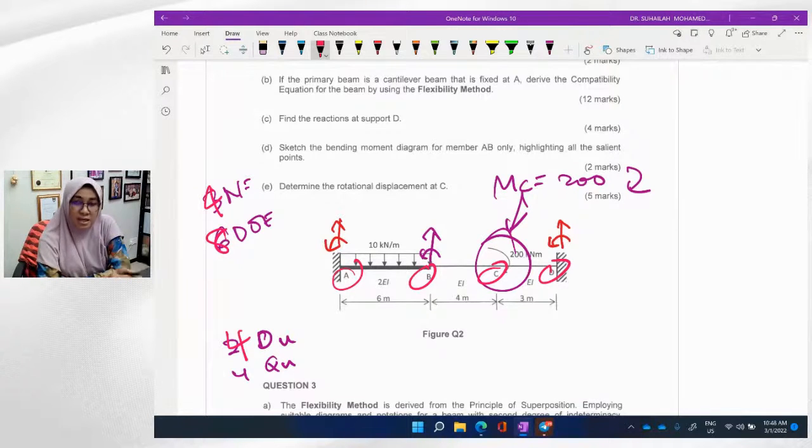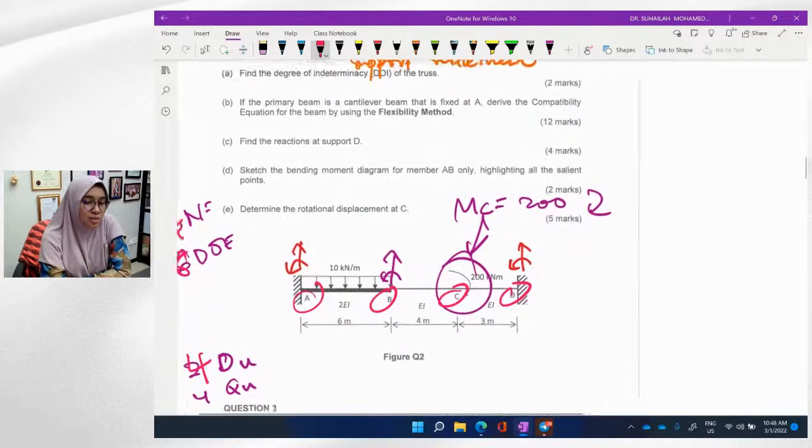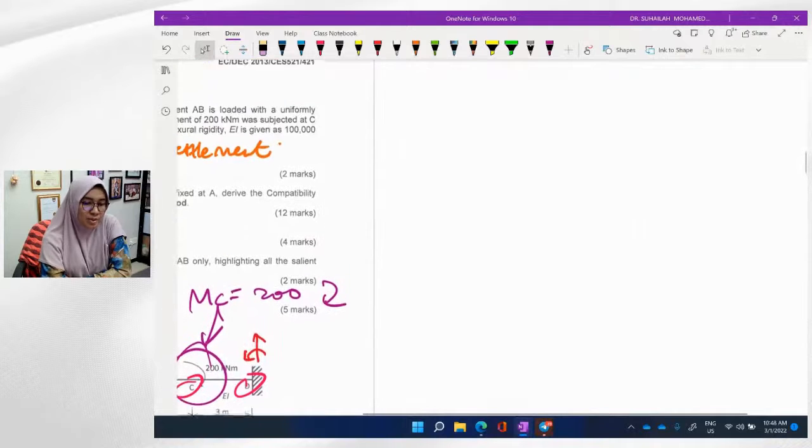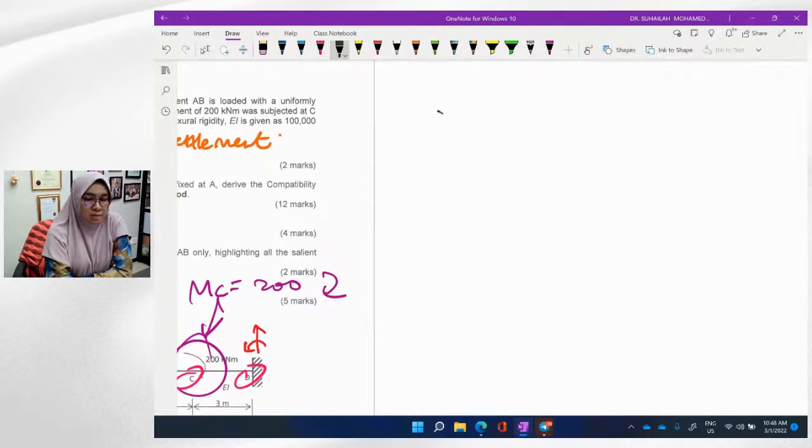But I like this question. So what I want to do is modify it a bit. It is like this, right? UDL.